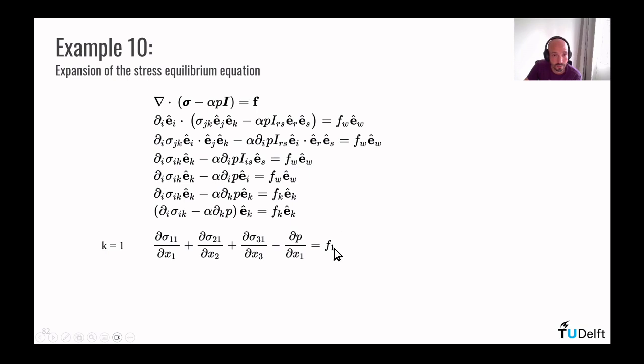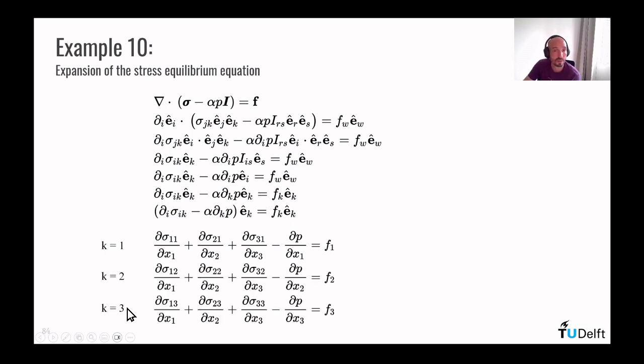I have the derivative of pressure with respect to x1, because k equals 1, right? And now I have the derivative with respect to xi from i going from 1 to 3. And the second index of the stress tensor is always 1 because it's k, right? Now k equals 2, k equals 3, and that's it.